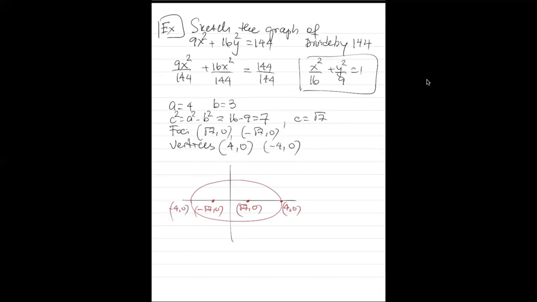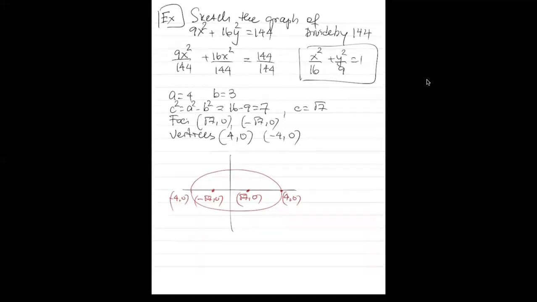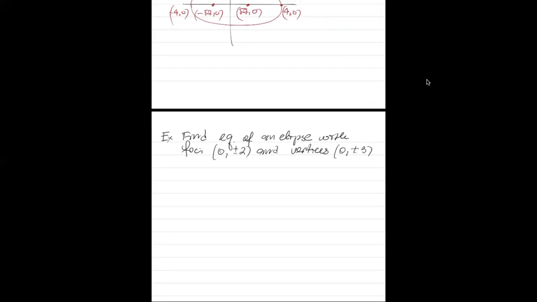All right, another example. Find the equation of an ellipse with foci (0, plus minus 2) and vertices (0, plus minus 3).